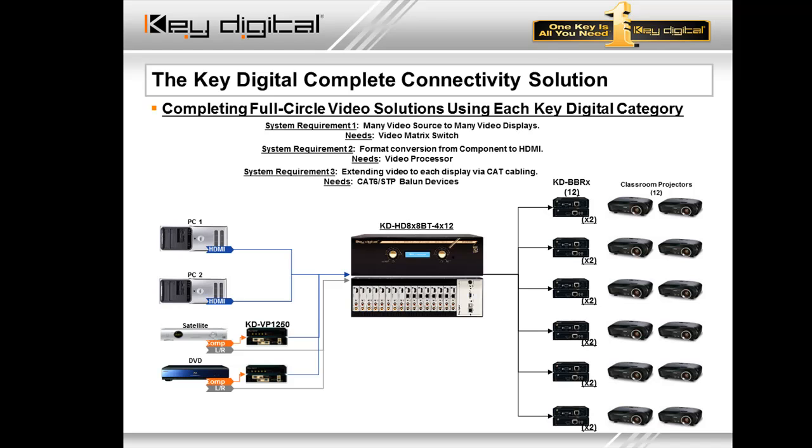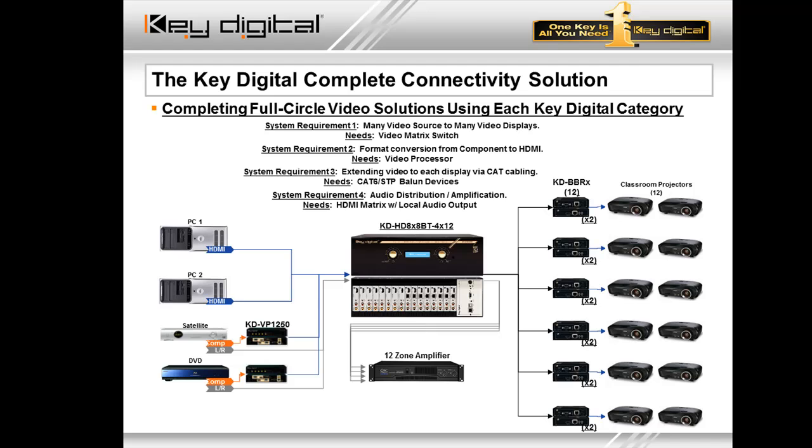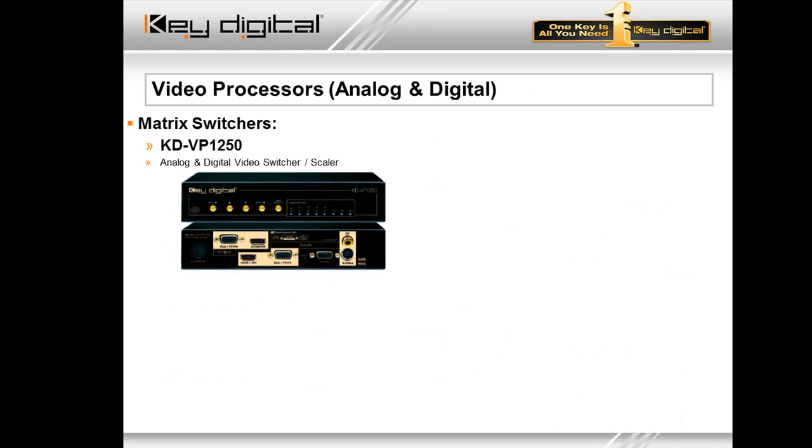In this case, we're going to use Cat6 shielded, which Key Digital Cat6 STP1X would be the recommended cable there. So let's go into the VP1250 and explore it as it pertains to HDMI systems, digital systems, and building the bridge from analog to digital for some of your source devices there.